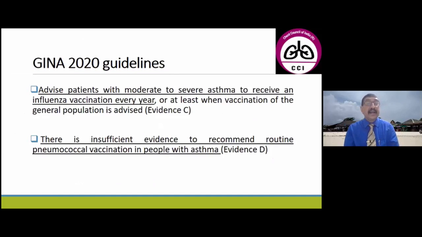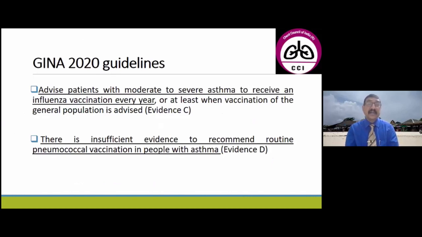The GINA 2020 guidelines advise patients with moderate to severe asthma to receive an influenza vaccination every year, that is evidence C. So if a patient has asthma, GINA 2020 says the patient has to be vaccinated every year with the influenza vaccine.